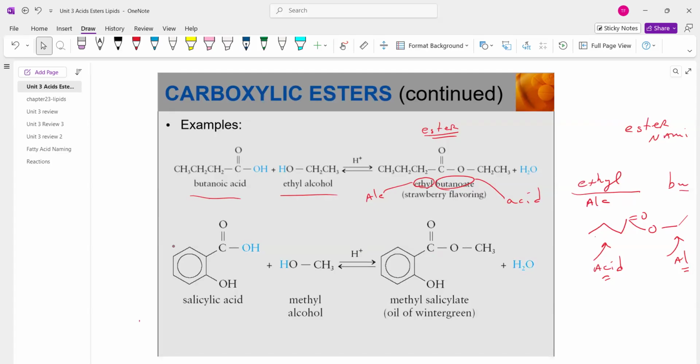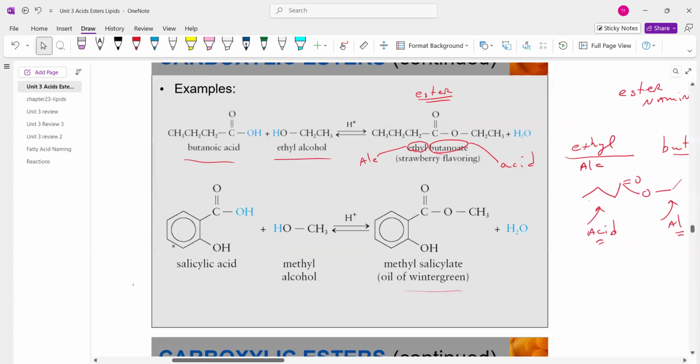It's amazing how things change. It's funny, the waste container for this lab smells wonderful because all we're doing is making all these esters that smell great. And down here we make wintergreen, oil of wintergreen. So it's pretty cool.